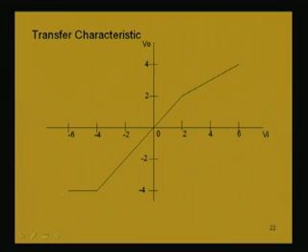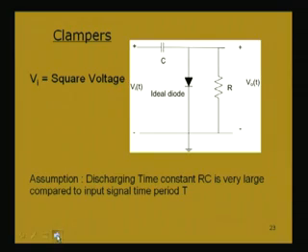This discussion whatever we have done is about the clipping circuit, which clips a portion of the waveform given to you. Now, another circuit which is of practical importance is the clamper. A clamper is a circuit which clamps the DC level of a waveform at a different value than what is actually the level.